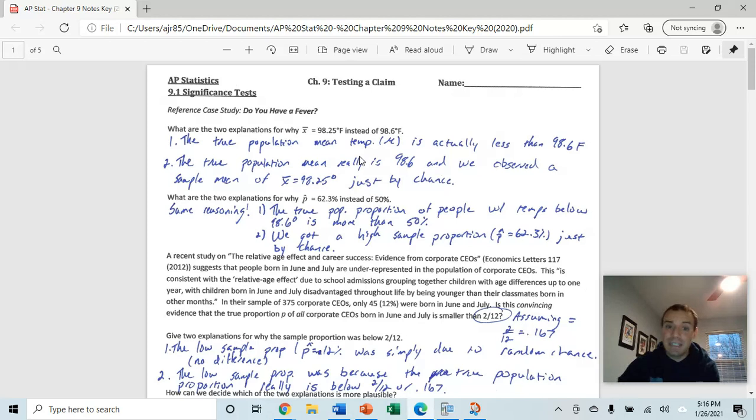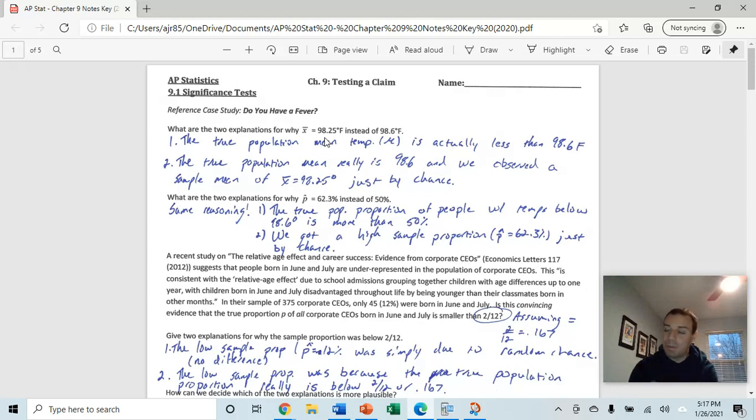By that same reasoning, we can answer the question of, okay, why did we get a p-hat of 62.3% instead of 50-50? We would think that 50% should be above 98.6 and 50% below. Well, either the actual proportion of people with temps below 98.6 is more than 50%, or we just happen to get this by chance alone.